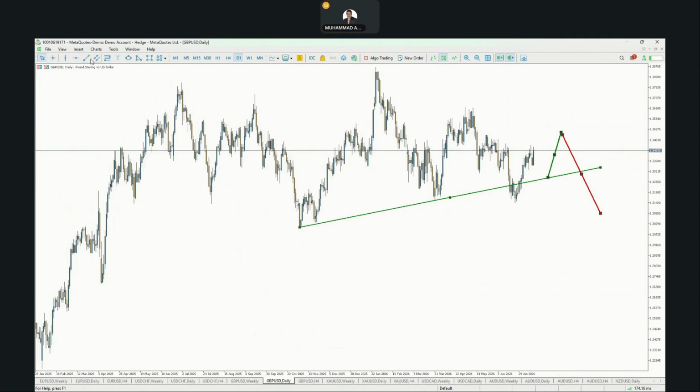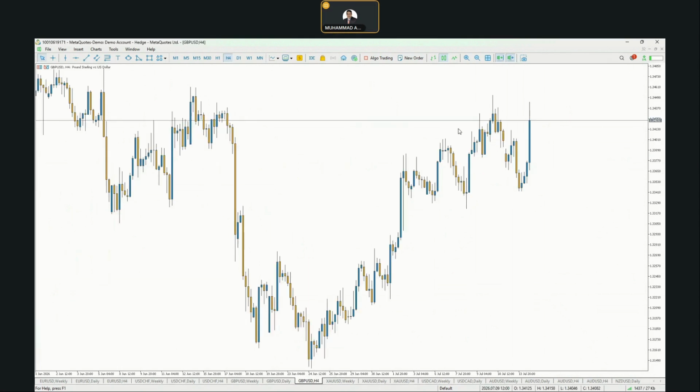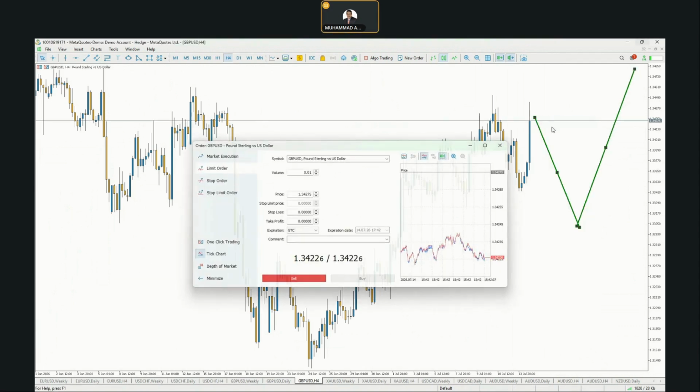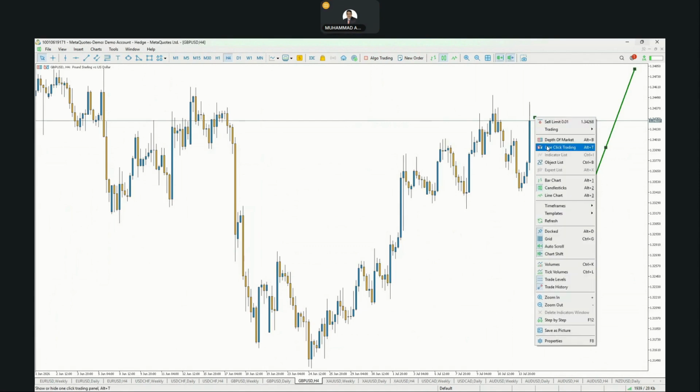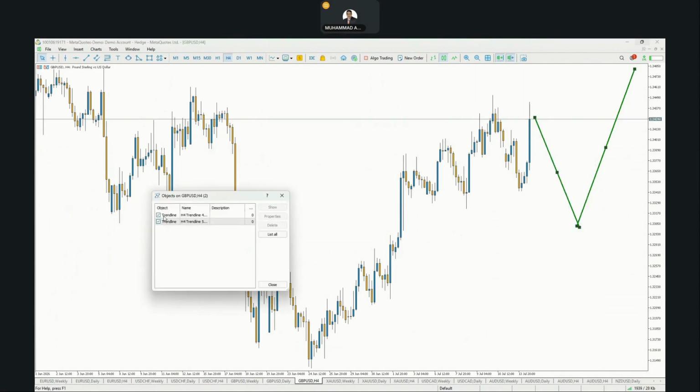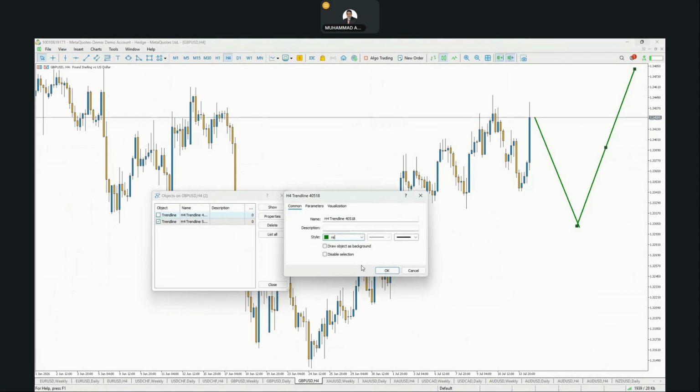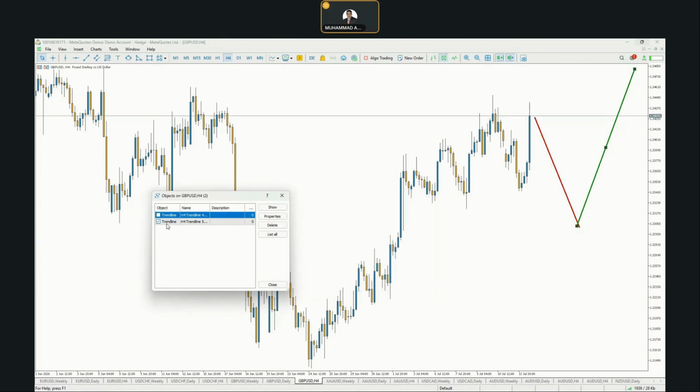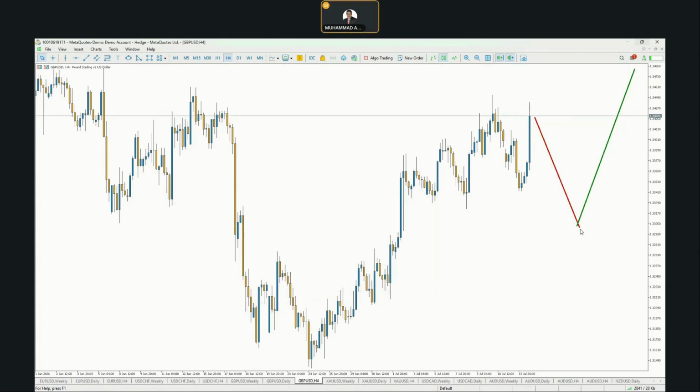So it's possible that, let's go to a short term, it's possible that GBP is going to drop like this and then expect a new rally. So expect a bearish drop in price action first, and then we might get further upside in pound dollar currency pair.